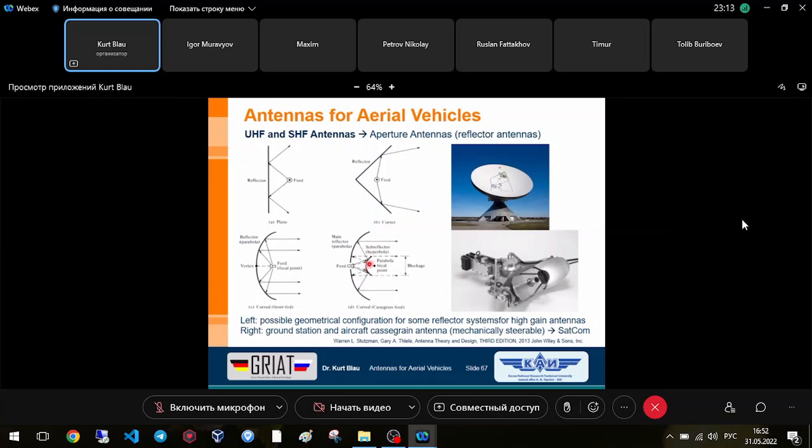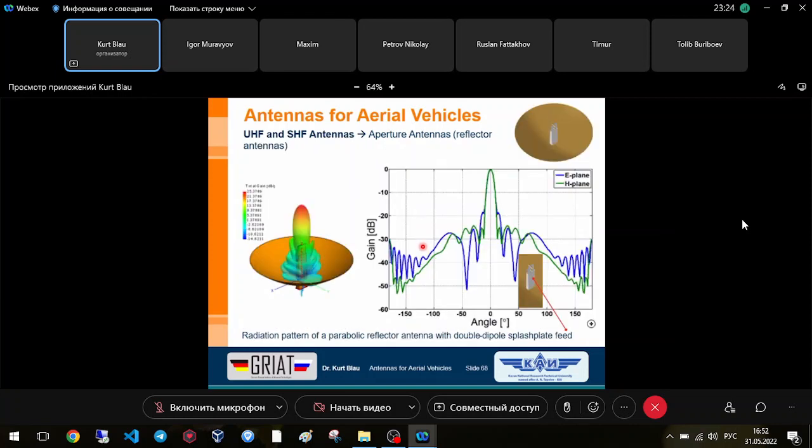It's in the focal point of this main reflector here, and this concentrates the energy in this direction, in the outgoing direction. Then some examples how to realize such a reflector antenna with very simple methods.